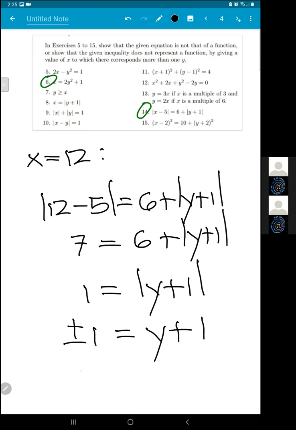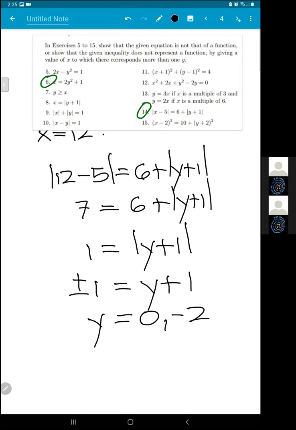So y can be plus 1 minus 1 or minus 1 minus 1. Negative 2.